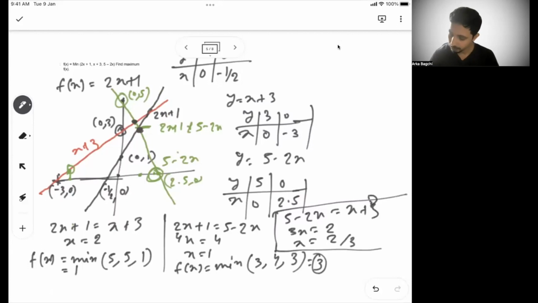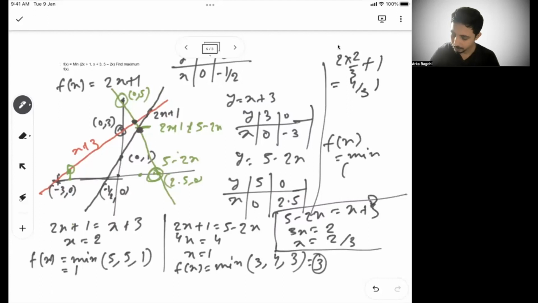Now if x is equal to 2 by 3, my f(x) will become the minimum of what all? If it is 2 by 3, the first one, 2 into 2 by 3 plus 1, or 4 by 3 plus 1, or 7 by 3, or say 2.33. So the first value is 2.33.